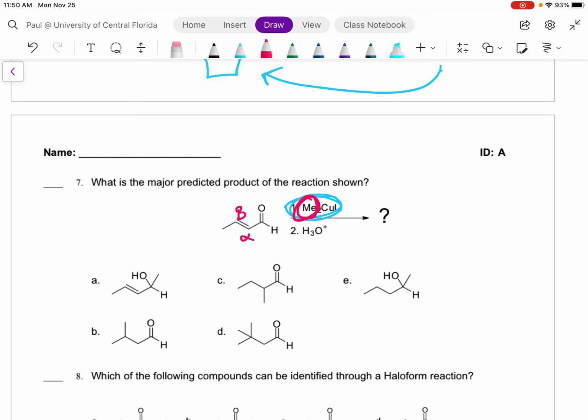One of the methyls. And so we would predict the product to look like this. So there's our 1, 2, 3, 4 carbons. 1, 2, 3, 4. And what did we do? We added a methyl to carbon 3. Overall, that's what happens. And so you see that that would have to be answer B.